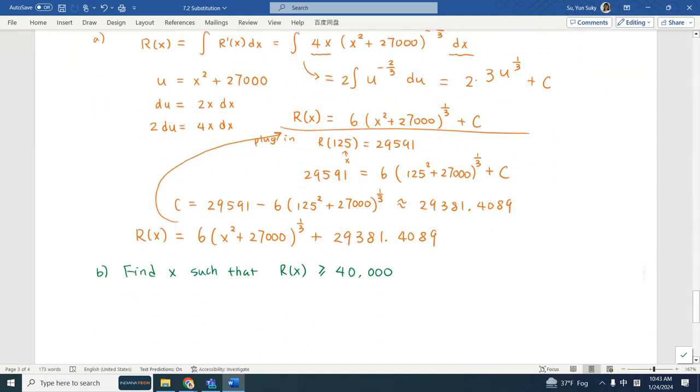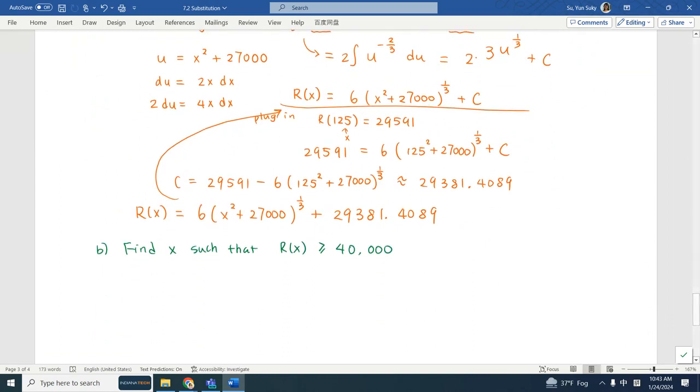So let's do that. Set 6x squared plus 27,000 to the 1/3 plus 29381.4089. Let's make it equal first, and then we will decide.